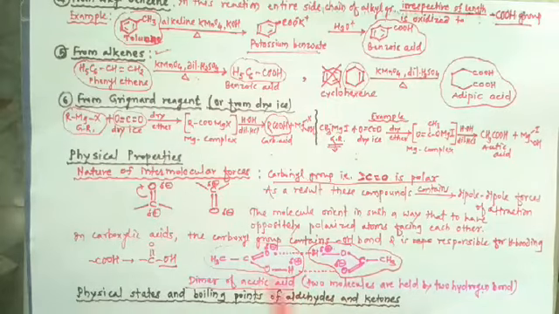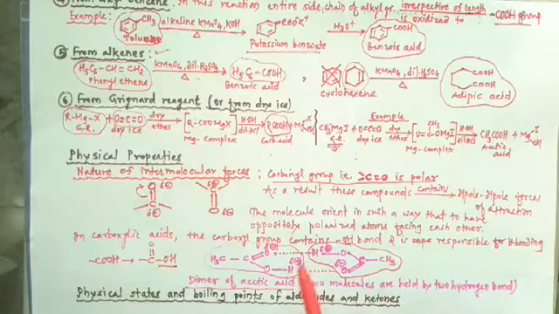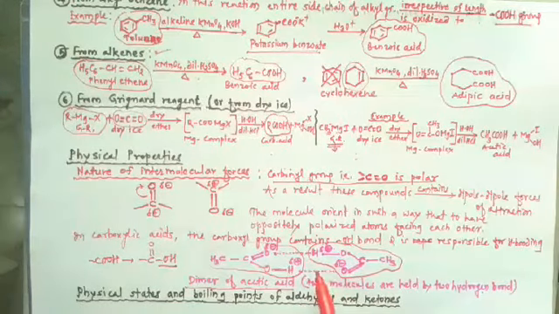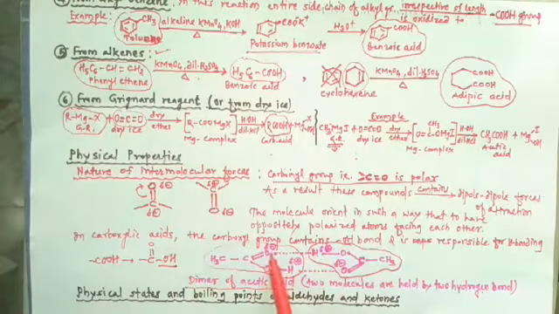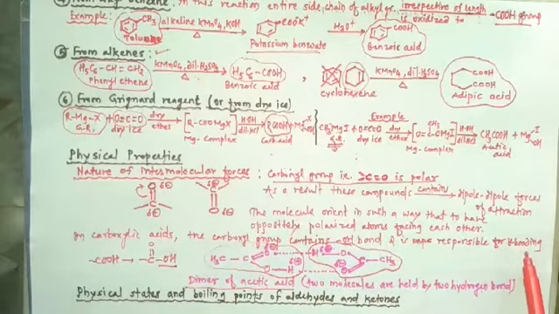So these two molecules are held by two hydrogen bonds. Here there is the first hydrogen bond, represented by dotted lines, and here there is another hydrogen bond. Thus this hydroxyl group is responsible for the hydrogen bonding.